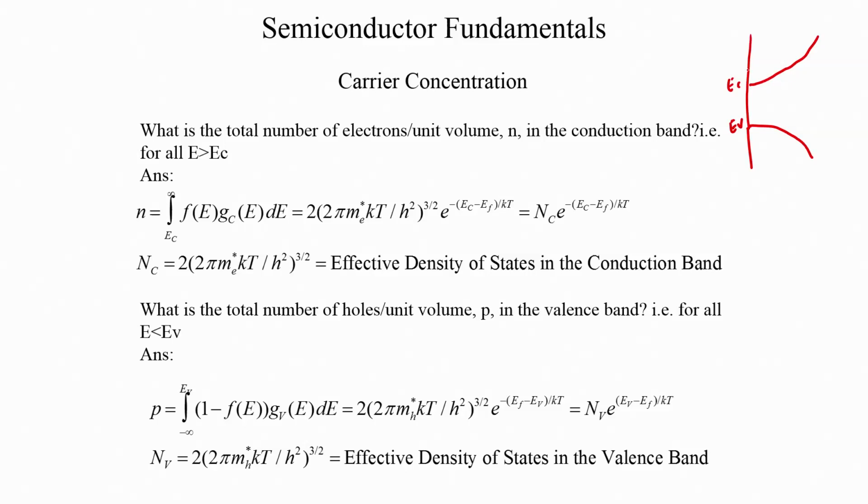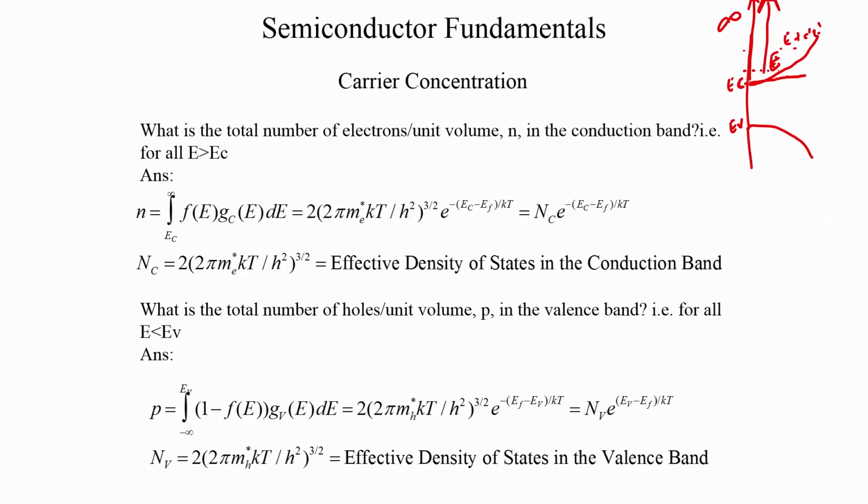So, we are not only interested in the number of electrons between some energy level E and E plus dE, but instead we are interested in the number of electrons from EC, that is the conduction band edge, all the way up till infinity, that is all the electrons present in the conduction band, because all these are going to aid my conduction.